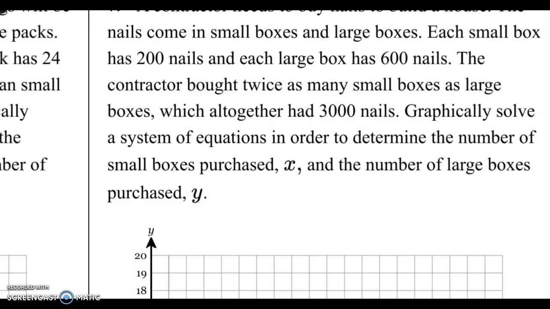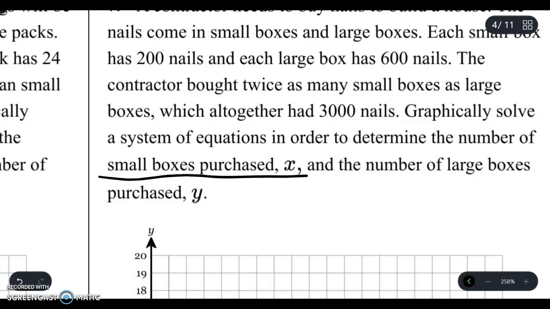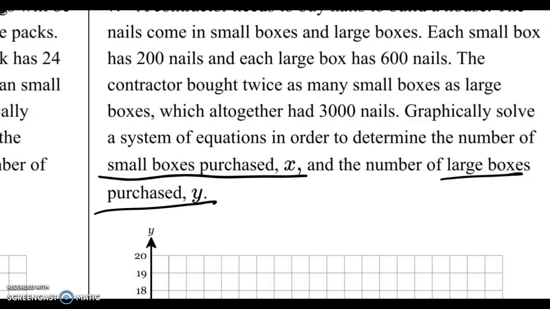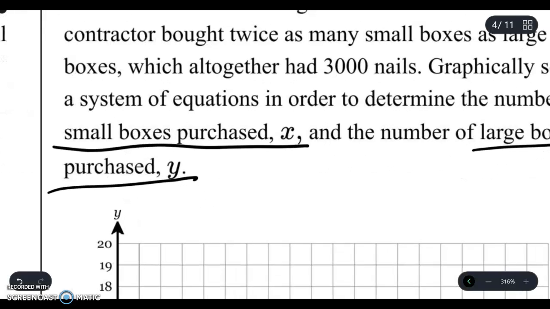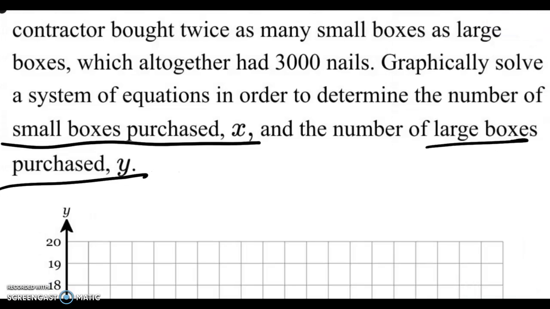Graphically, solve the system of equations where the number of small boxes is x and the number of large boxes is y. Okay, I'm going to zoom in here and try to get all this to fit.